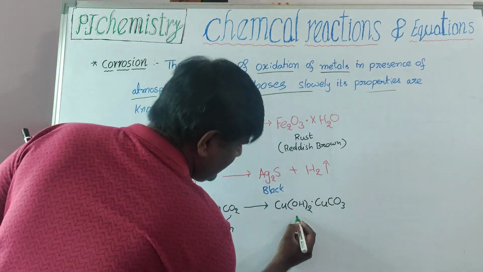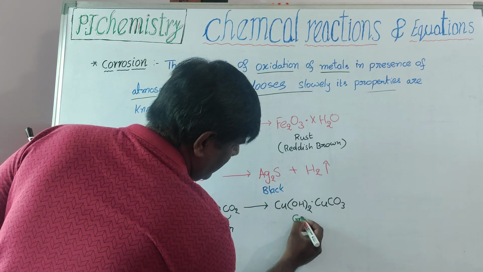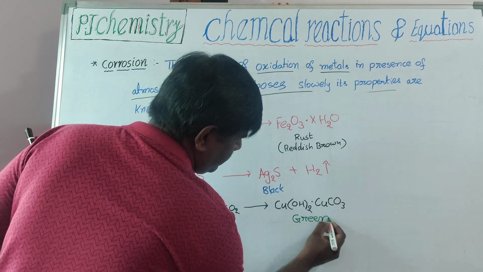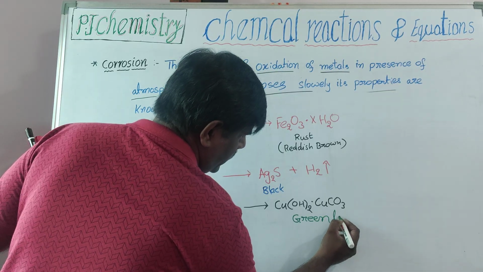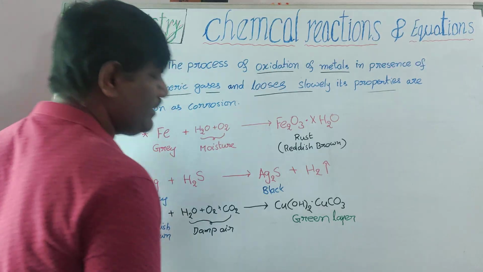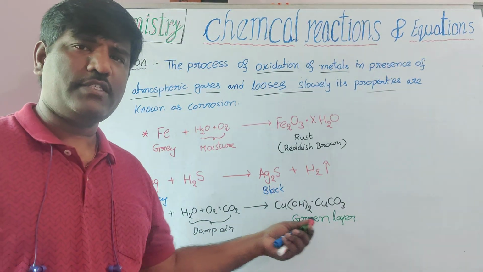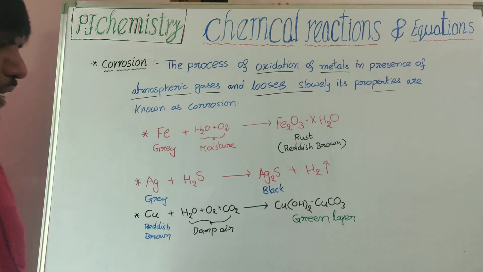So the green color is nothing but copper getting corroded. This green layer is a mixture of basic carbonate, copper hydroxide and copper carbonate.